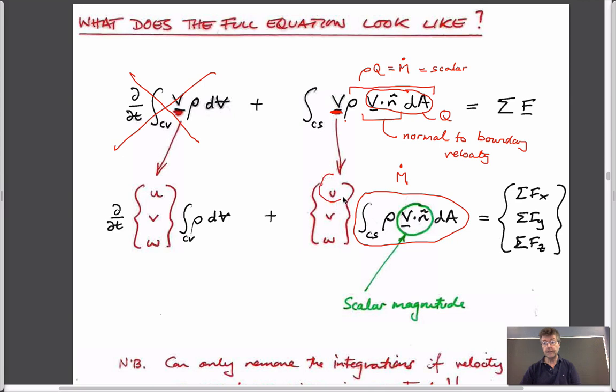So this would be by resolving in the x direction. If we resolved in the y direction, it would be these components. And this would be the same mass flow rate across the surface. So this wouldn't change. This would be the same amount that would be applied to each of these values.